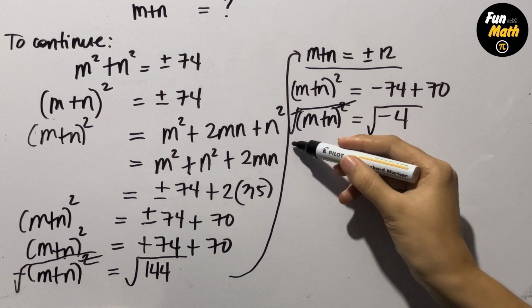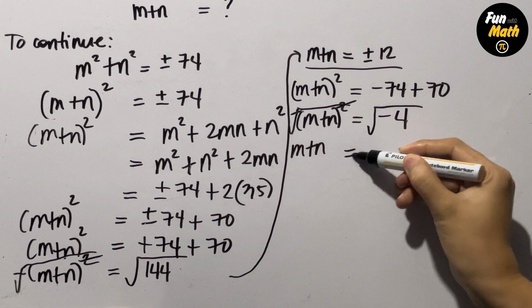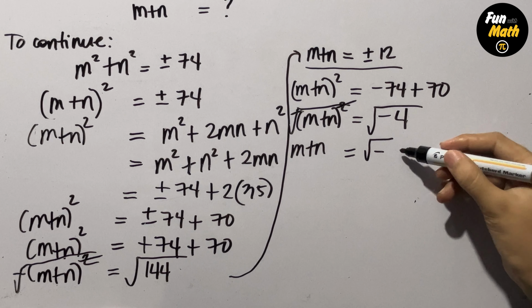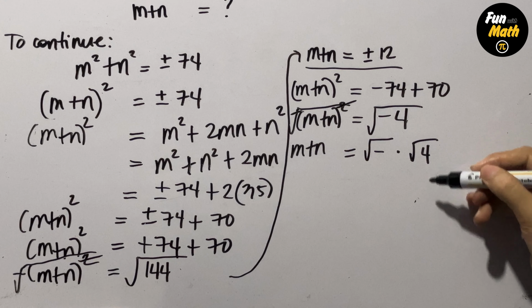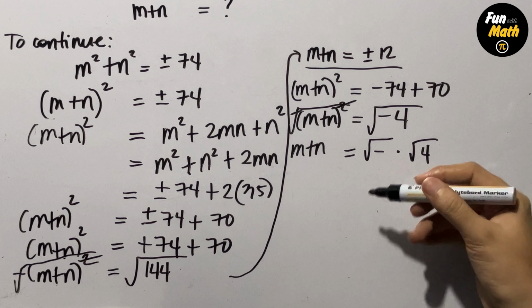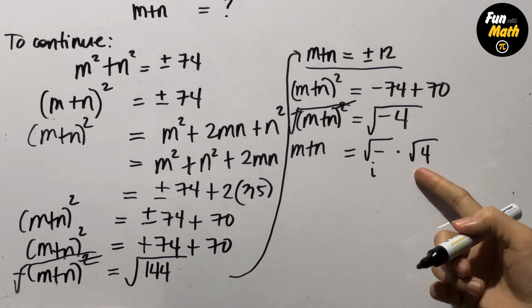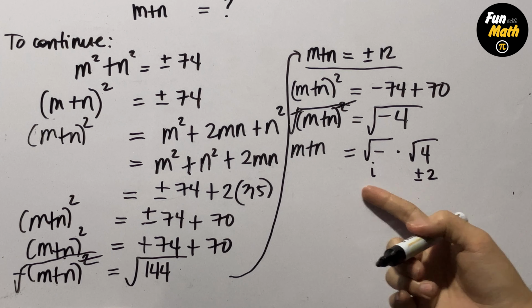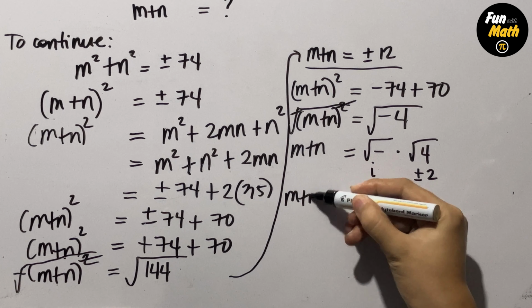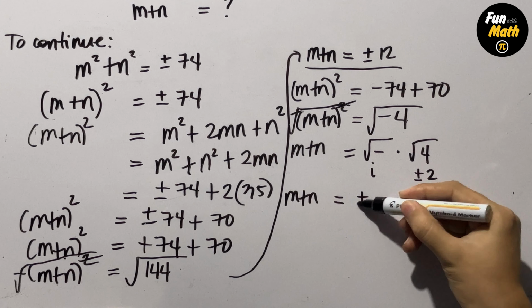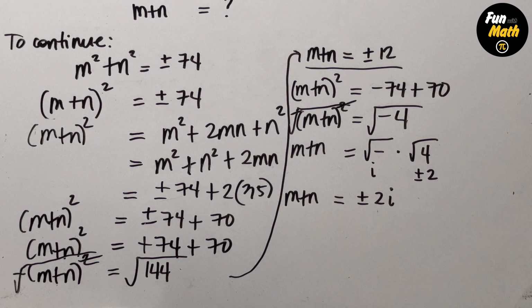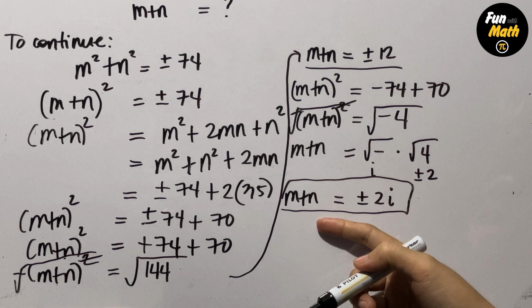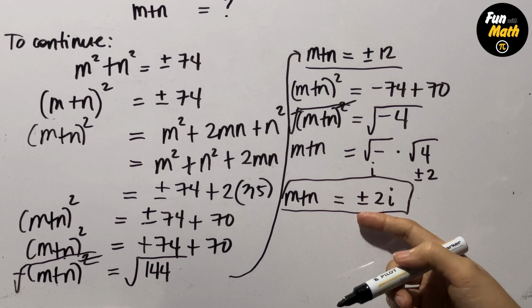So we're left with m plus n is equal to, for this we can separate the square root of negative times the square root of 4. The square root of negative is equivalent to i, and the square root of 4 is equivalent to positive negative 2. So we can multiply this. This is now m plus n is equal to positive negative 2i, and this is our second value of m plus n.